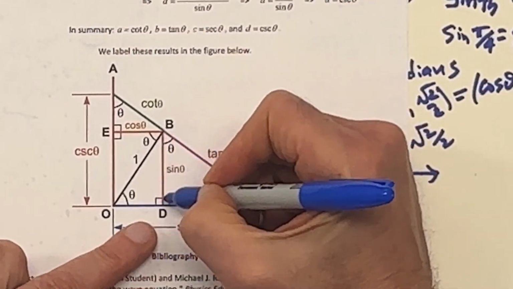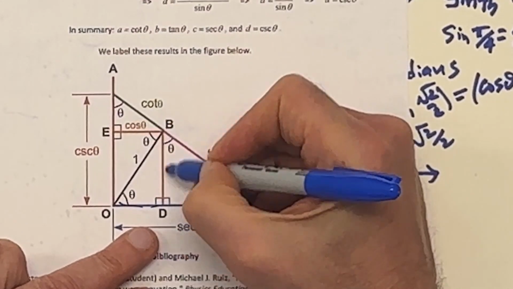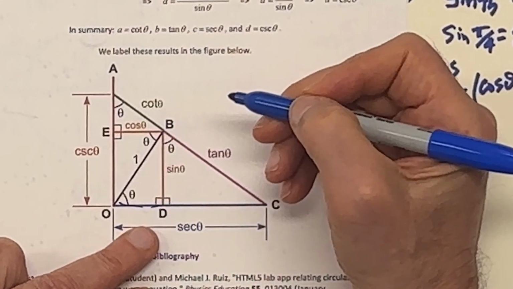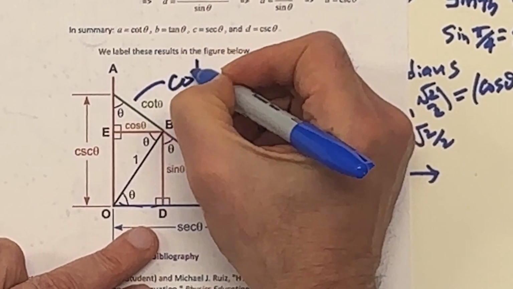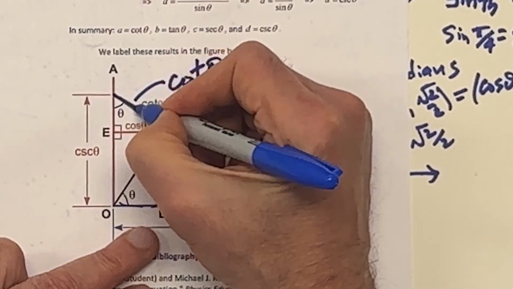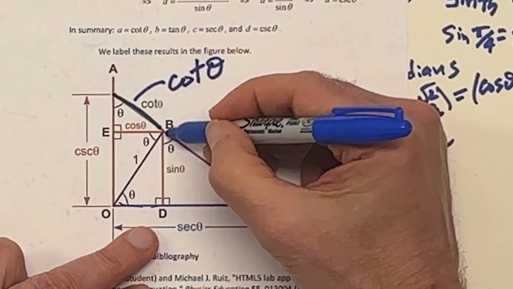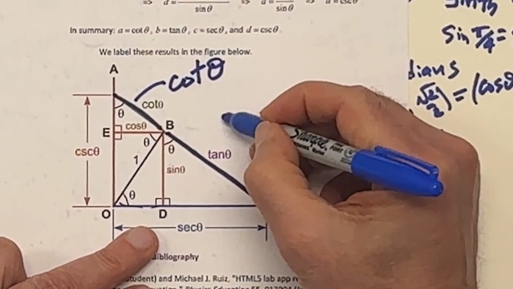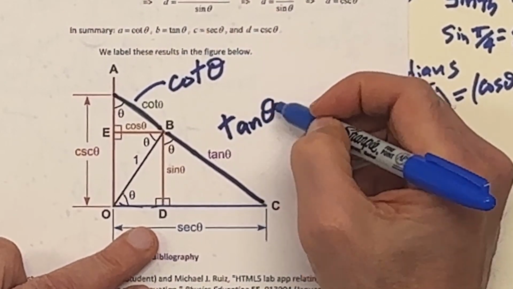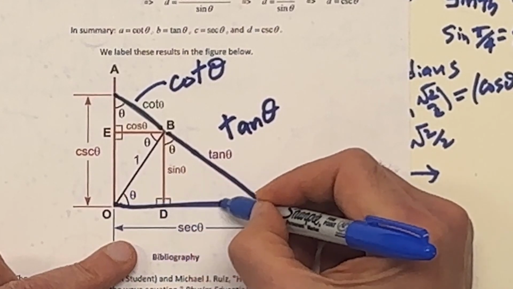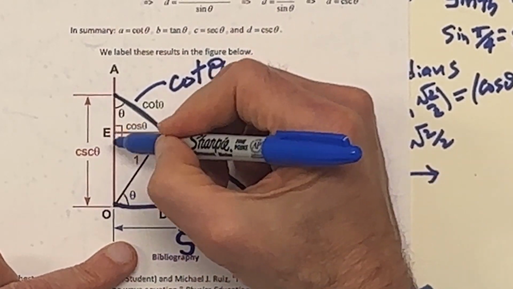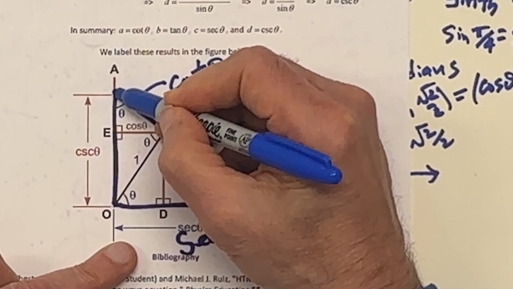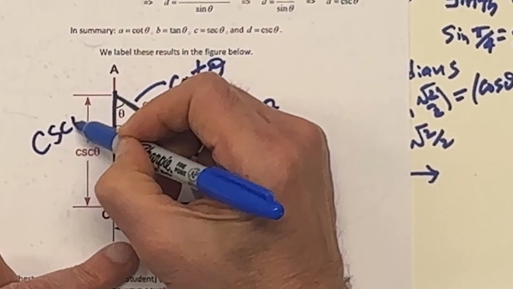The cosine and the sine are the first two we started with, but we find that this one here is the cotangent of theta. Isn't that wild? This length here. And then this one down in here is the tangent of theta. This big one down in here is the secant of theta. And this one here is the cosecant of theta.